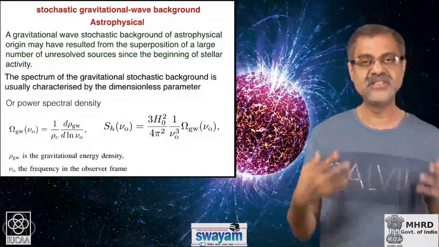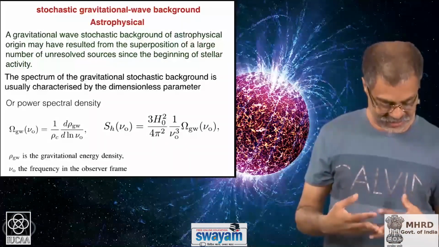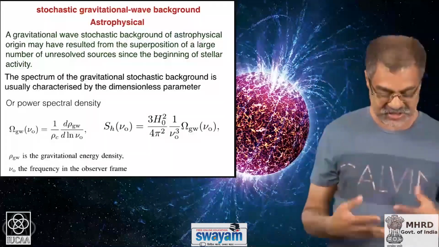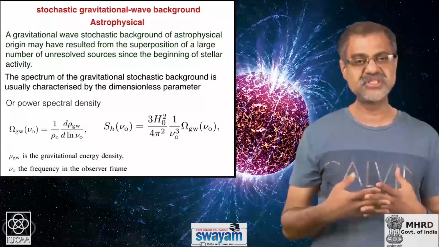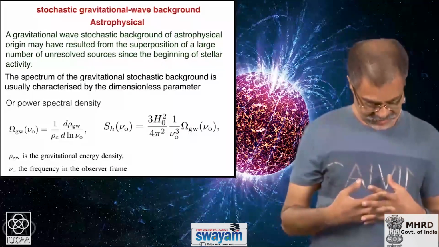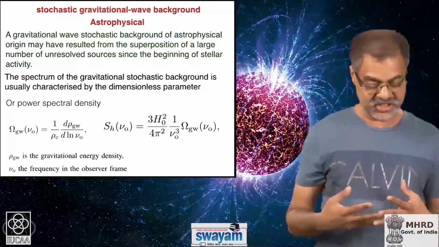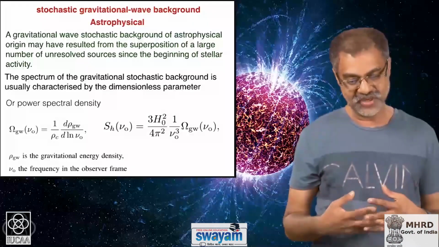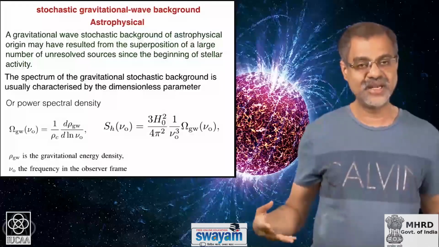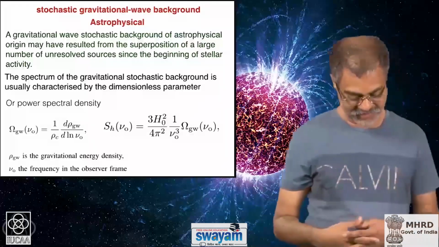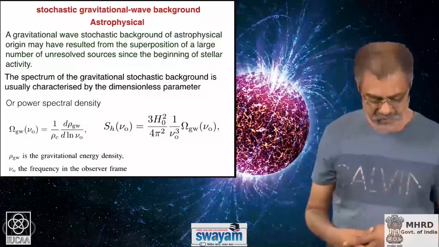All of it is essentially characterized by a parameter called omega GW, which is essentially related to the density of the system in the early universe, which essentially leads to an asymmetric motion and contributes to the emission of gravitational waves.